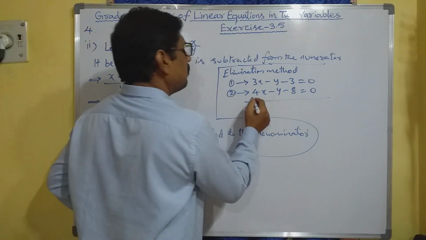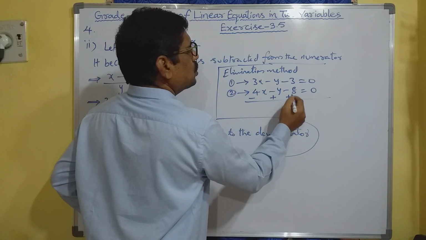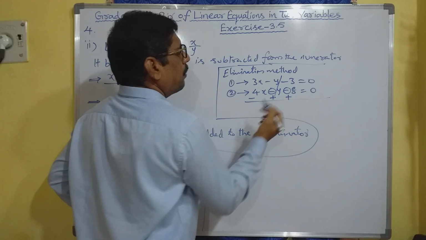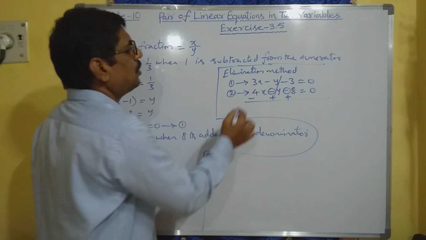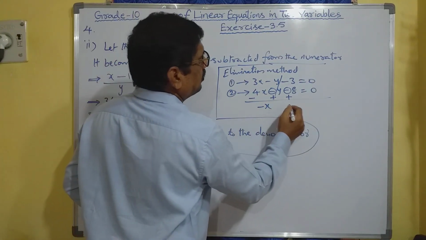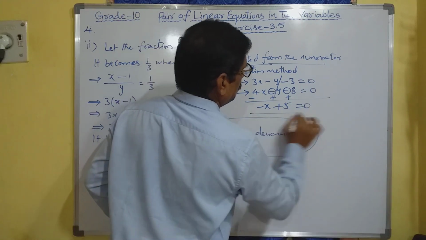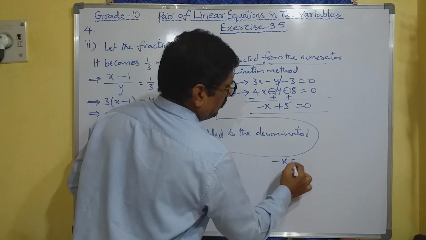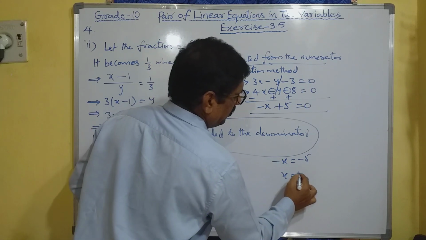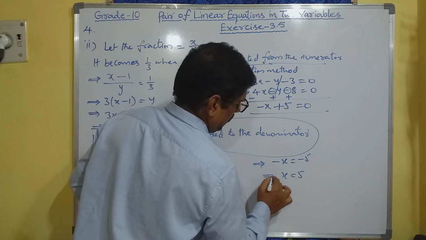By changing the symbols of the second equation, minus y and plus y will be cancelled. 3x minus 4x is minus x, minus 3 plus 8 is plus 5, is equal to 0. Then minus x is equal to minus 5, so x is equal to 5.